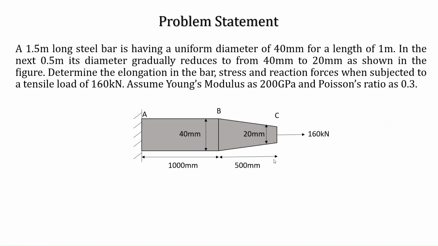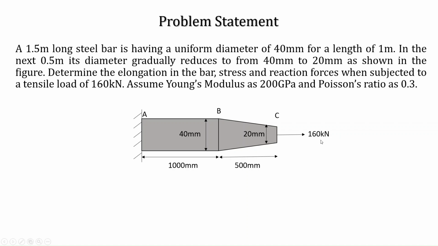Moving on to the problem statement, we have a 1.5 meter long steel bar which has a uniform diameter of 40 for a length of 1 meter, and in the next 0.5 meter its diameter gradually reduces from 40 to 20 as shown in the figure. We need to determine the elongation in the bar, the stress and also the reaction forces when subjected to a tensile load of 160 kilonewtons.